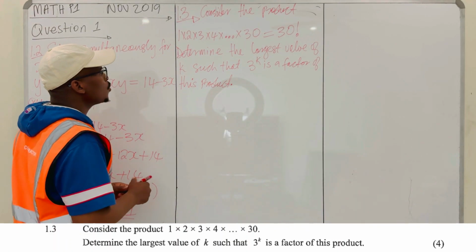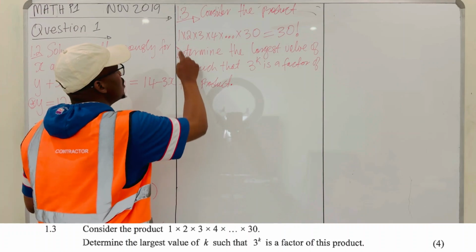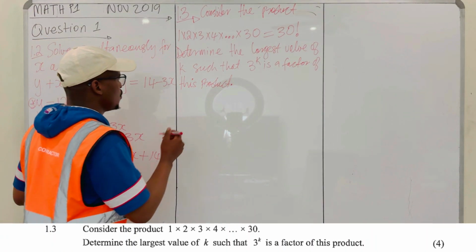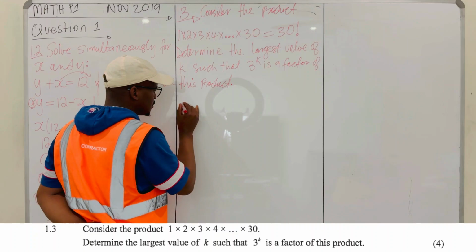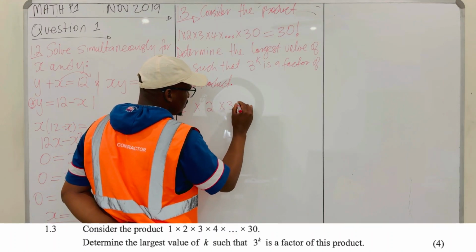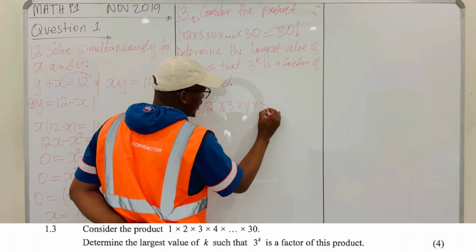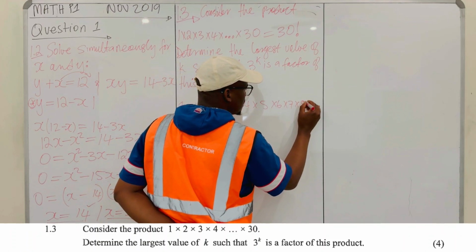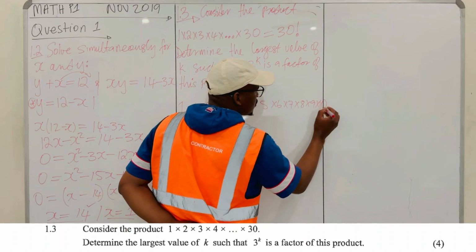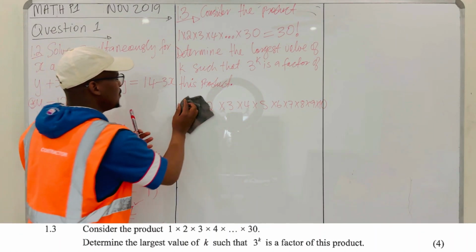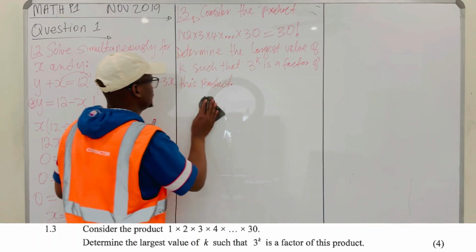No problem. So what I'm going to do is try to write all those numbers there, just to make it simple for everyone. So I'll say 1 times 2 times 3 times 4 times 5 times 6 times 7 times 8 times 9 times 10. Okay, I didn't write it very well. Let me just clean it.